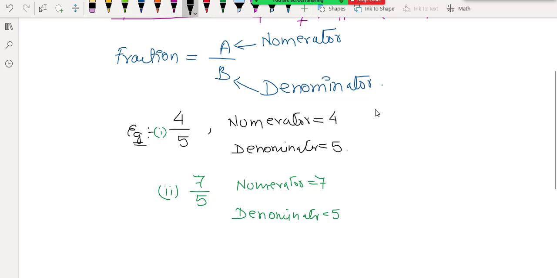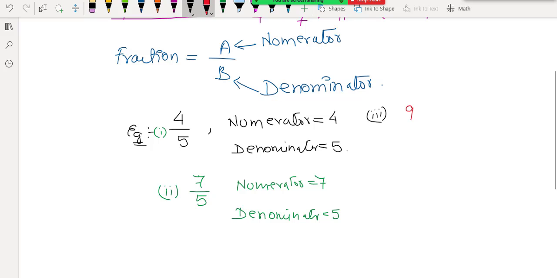Let's take one more example, example number 3. Let's take one simple number, that is 9. What is numerator here and what is denominator here? Very smart.